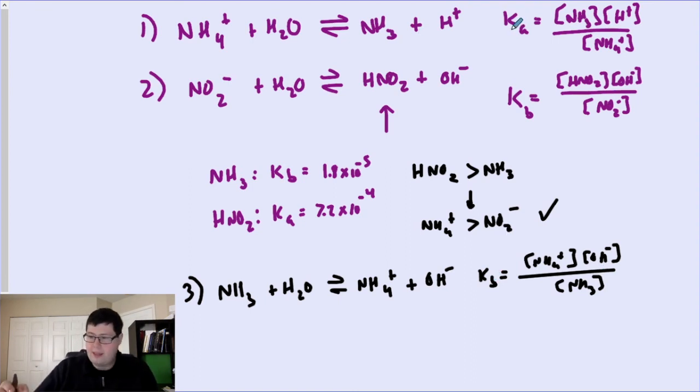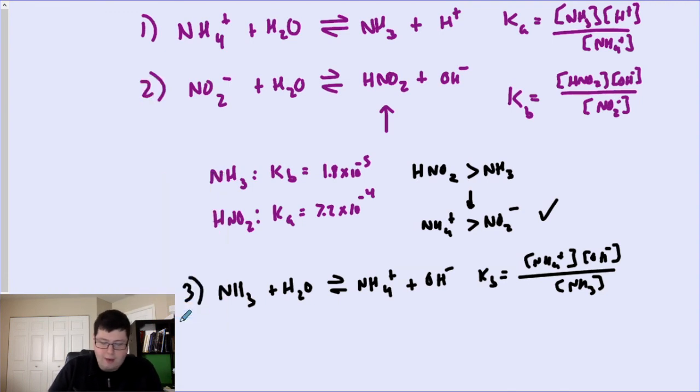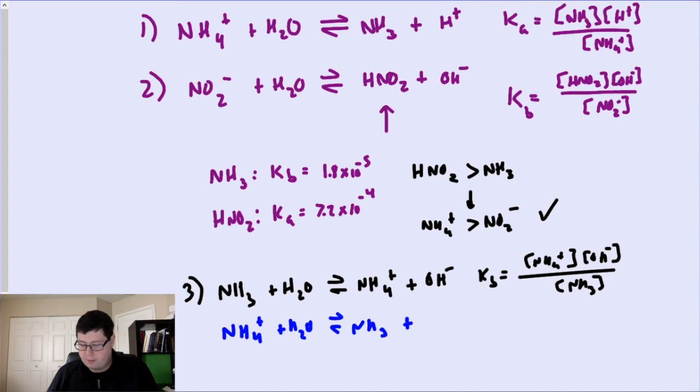Now, in order to relate the Ka and the Kb, what I can do is go ahead and play a game by adding these two reactions together. If I add my NH4+ reaction below, I get H2O and H2O there, NH3 + H+.